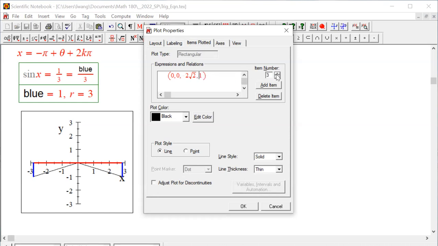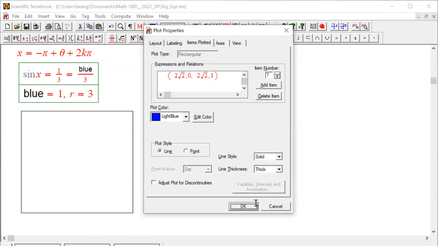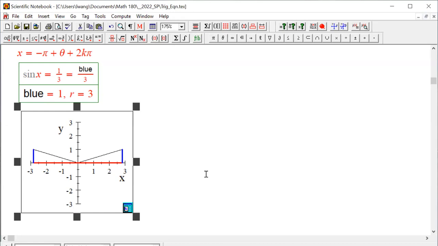So this will be positive 1. And this will be positive 1. And this should do it. All flipped up. See? So these two terminals, right?